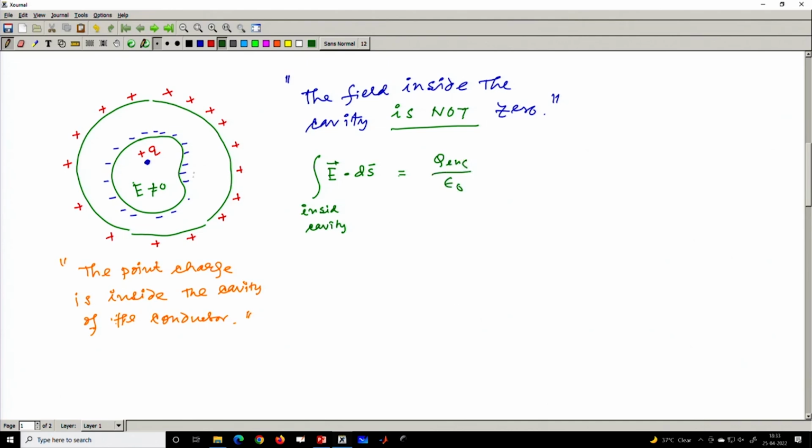If I have a sphere here of radius r, then E times the surface 4 pi r square, omitting the vector sign, equals the total charge inside, plus q, divided by epsilon 0, where r belongs to the cavity.